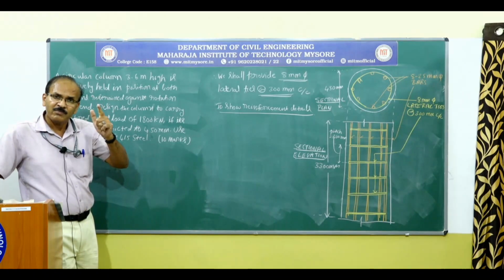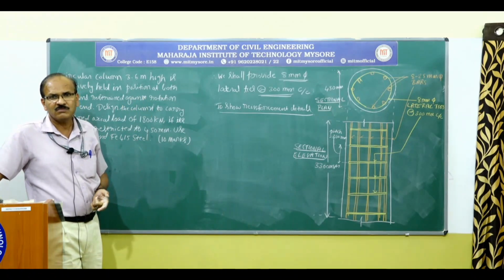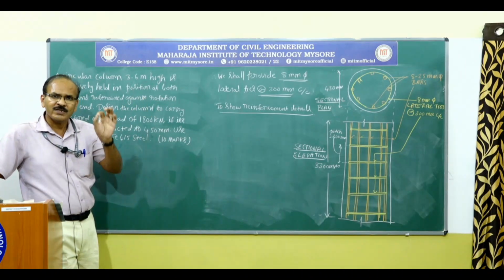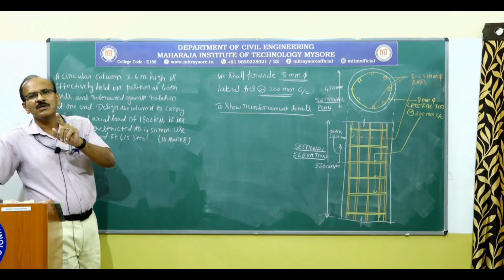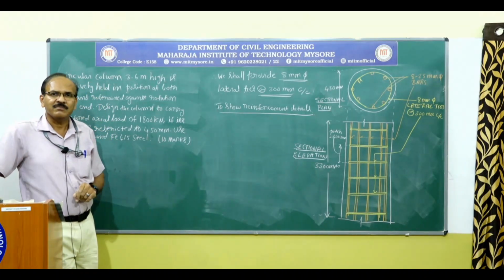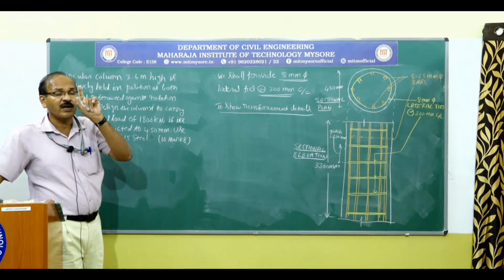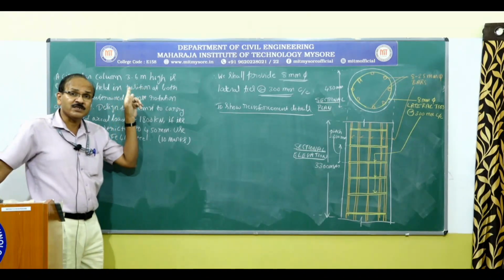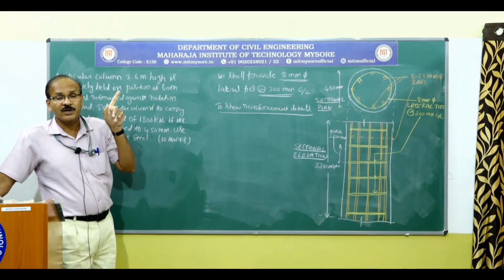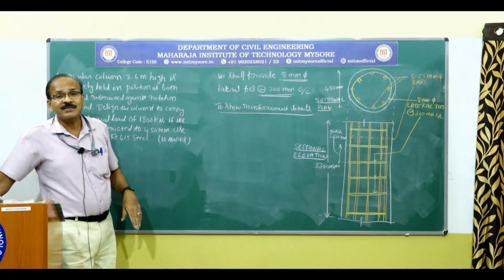To find out E minimum, you go to 25.4 on page 42 of the code book. So find out what is E minimum equal to L by 500 plus D by 30, where L is the unsupported length. L is not the effective length. So here the unsupported length given is 3.6 meter divided by 500 plus D by 30.